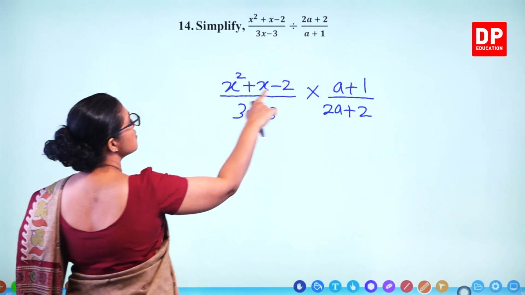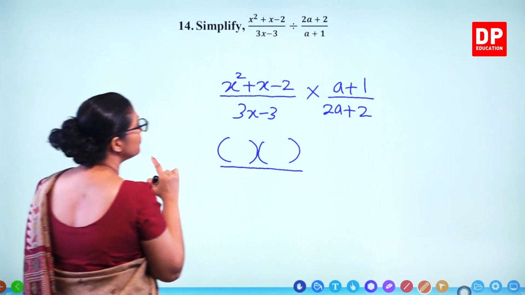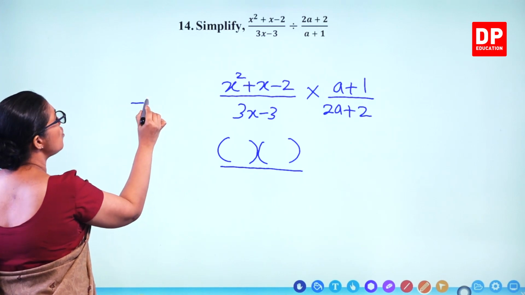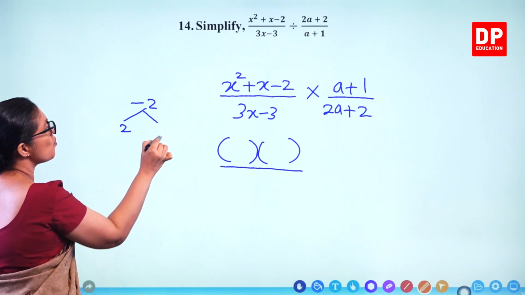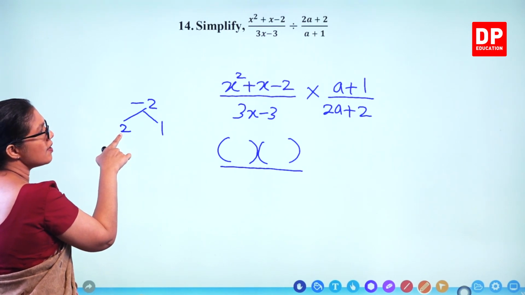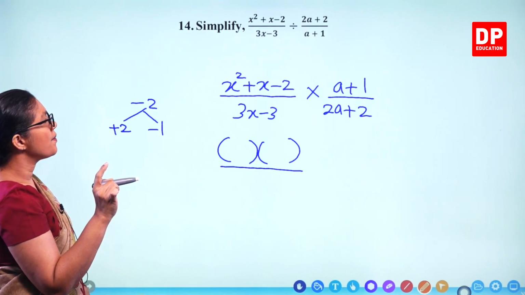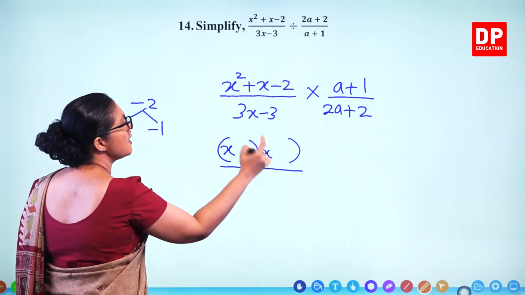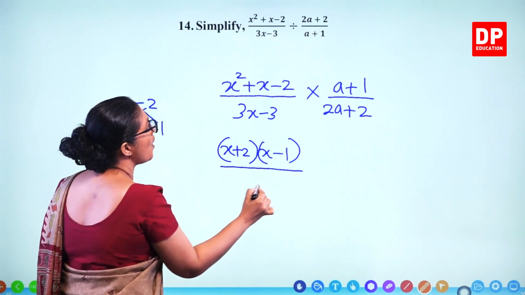What's the easiest way to do factorization? Find the factors of minus 2 where the middle term is plus 1. So 2 times 1, but positive 2 and negative 1 because the middle term is positive 1. So we can easily write down the factors x plus 2 and x minus 1.